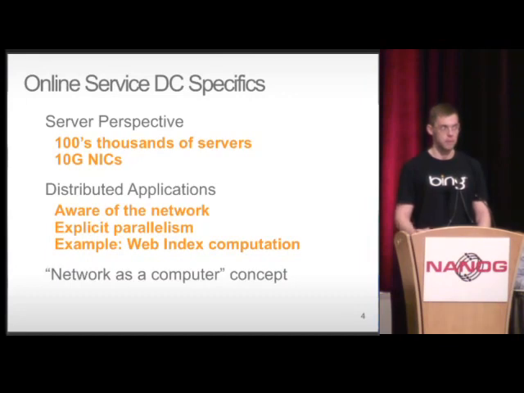In other words, the applications are parallel and specialized to perform just, say, one function, such as web index computation, or servicing a mailbox of the internet. This is quite different from traditional enterprise, of course, and this brings some specifics to design and application behavior.